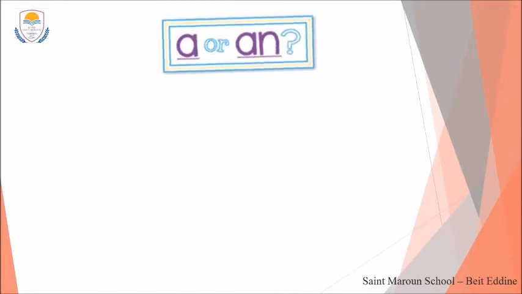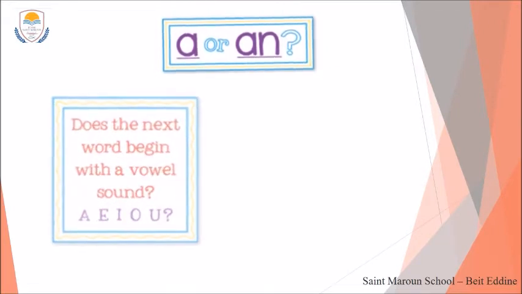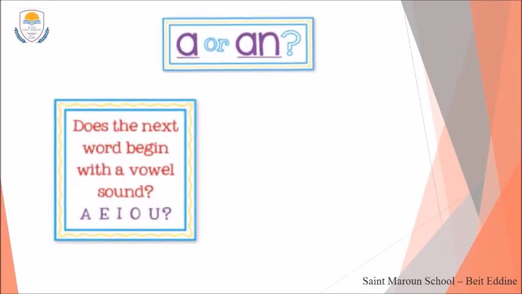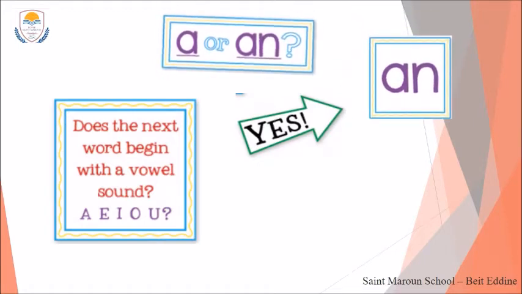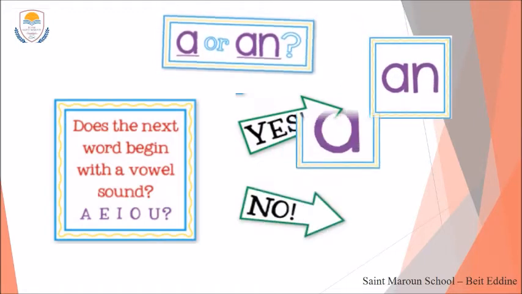Now, when using a or an, you have to ask yourself a question. Does the next word begin with a vowel sound? A, E, I, O, U? If yes, you use an. If no, you use a.